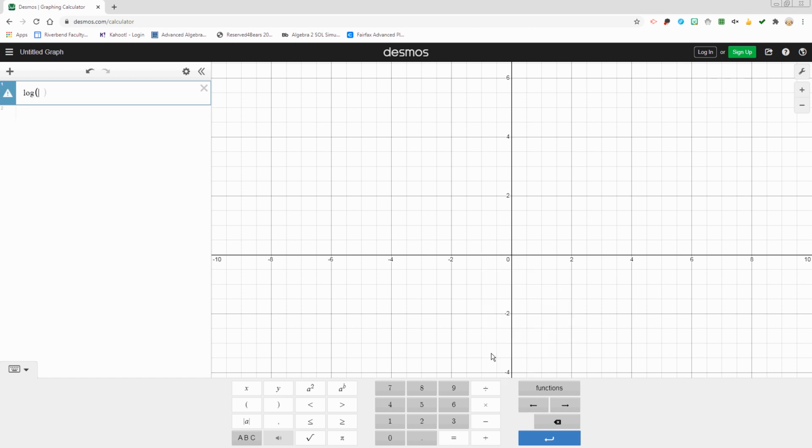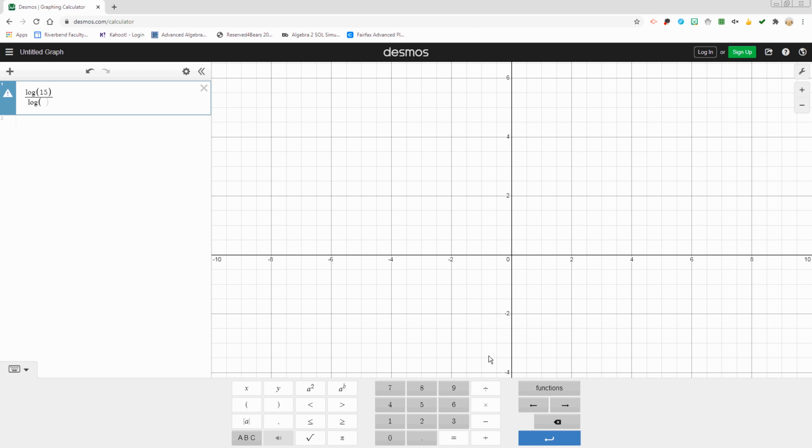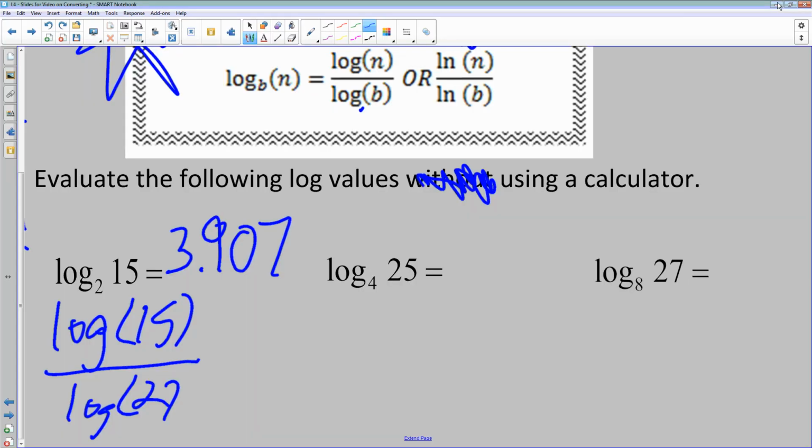So you can click log, type in 15, then put divided by, you can just use the division sign, or the backslash on your computer or phone, either way is fine, and then log base 2. And you notice we get the exact same answer, 3.907. So that's pretty simple. If you have any questions on how to use either the calculator or Desmos, feel free to ask in class.